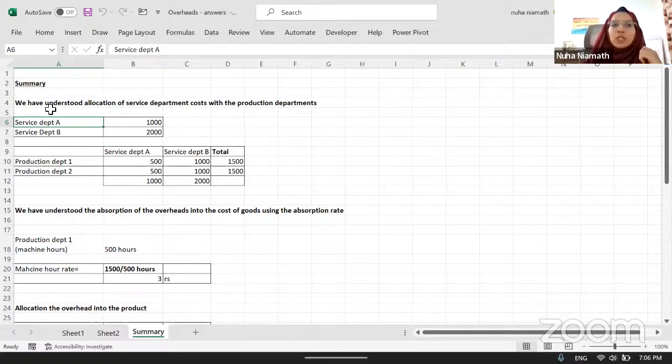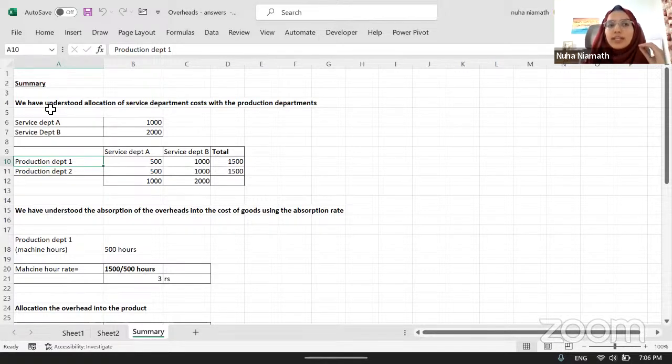Yeah, thank you. So the first part that we looked into was the allocation of service departments with the production department. If you have two service departments, let's say service department A with a cost of 1,000 rupees and service department B with a cost of 2,000 rupees, we learned how to allocate these costs into the different production departments. For simplicity, I have taken a ratio of 1:1.